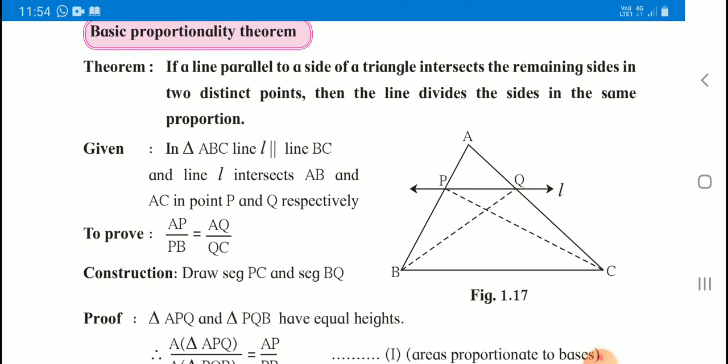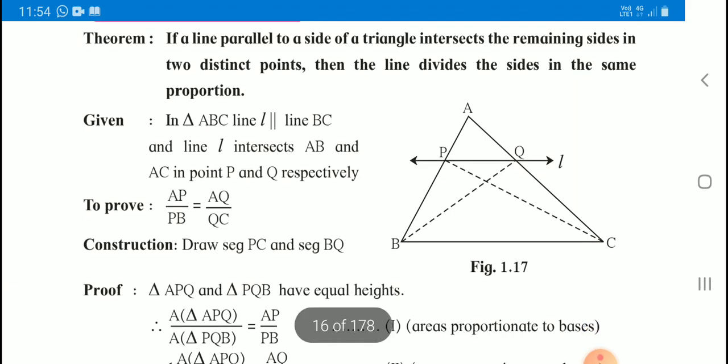To prove means the part after 'then': the line divides the sides in the same proportion. So from this figure, to prove is AP upon PB is equal to AQ upon QC, that we have to prove.